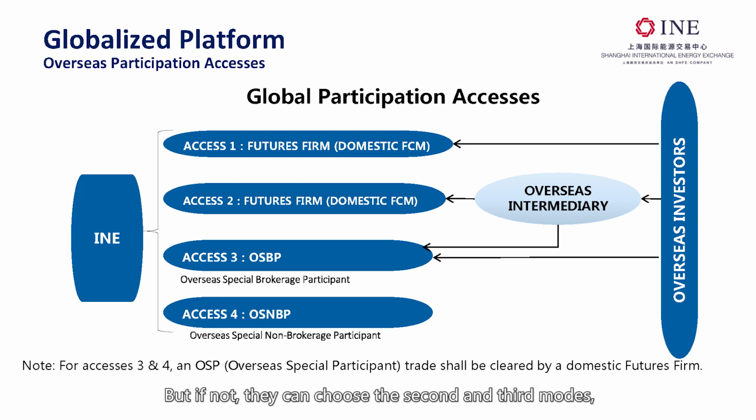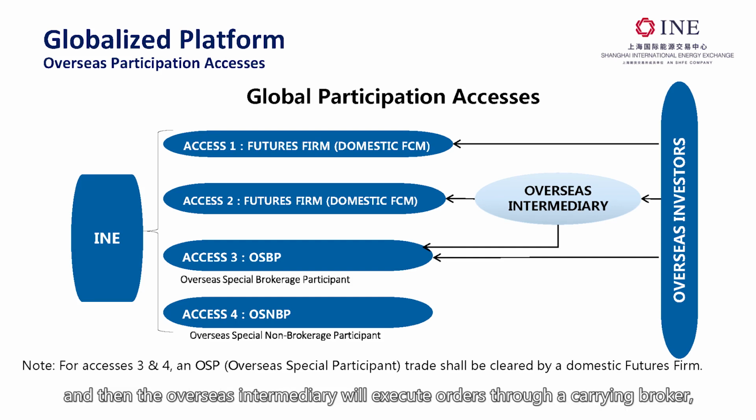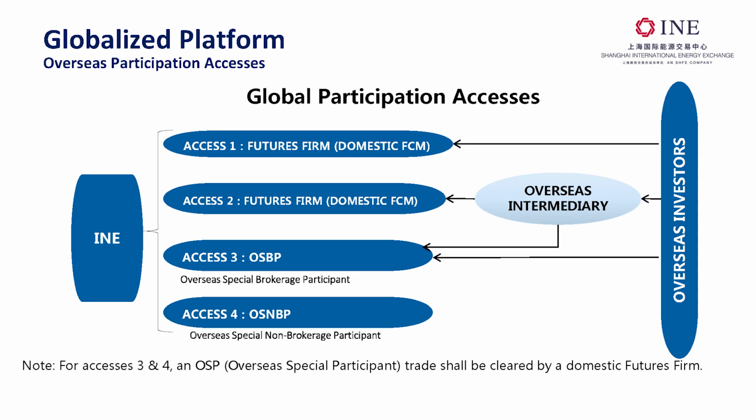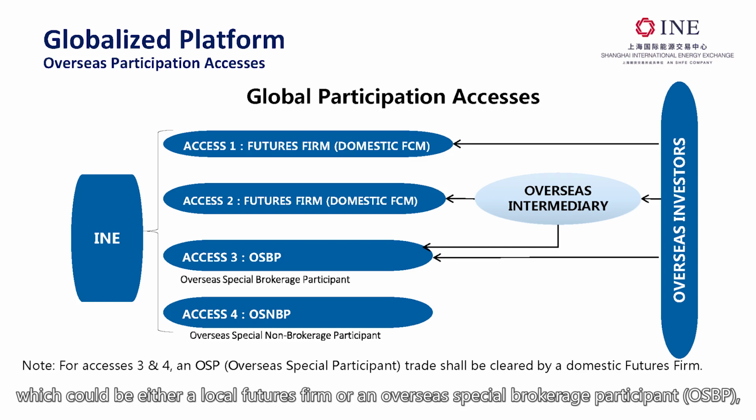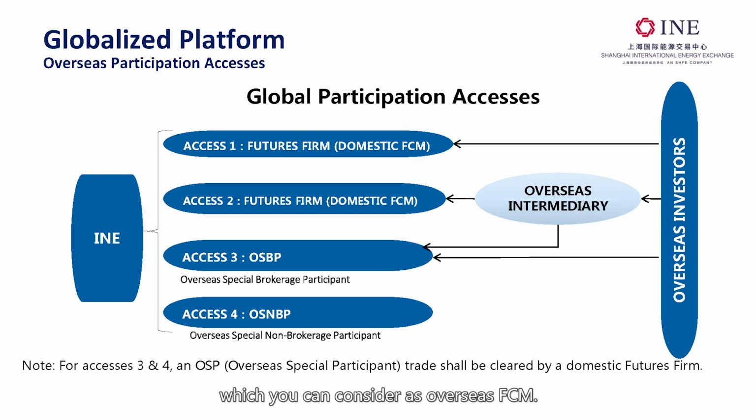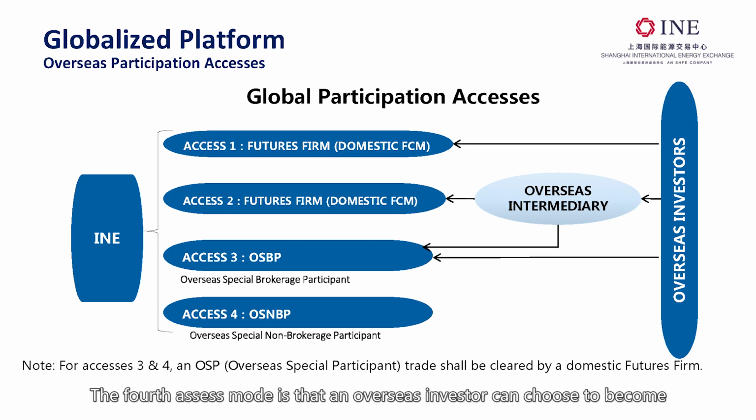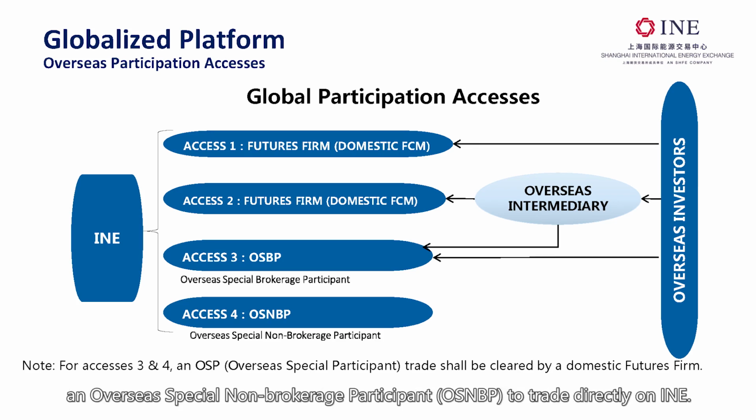But if not, they can choose the second and third modes, that is, trade through an overseas intermediary, and then the overseas intermediary will execute an order through a carrying broker, which could be either a local futures firm or an overseas special brokerage participant, which you can consider as an overseas FCM. The fourth access mode is that an overseas investor can choose to become an overseas special non-brokerage participant to trade directly on INE.